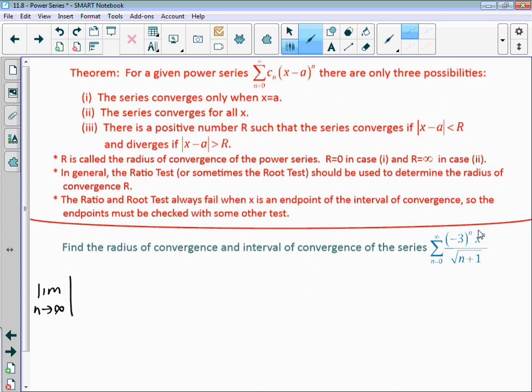So if I do n plus 1 here, that's going to be negative 3 to the n times negative 3 to the 1, right? x to the n is going to change into x to the n times x. And the denominator is going to turn into square root of n plus 2. Everyone okay with that? Then multiply by the reciprocal of what's in there.